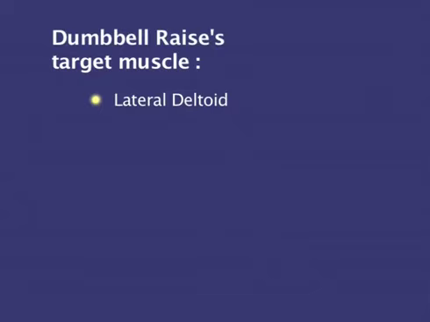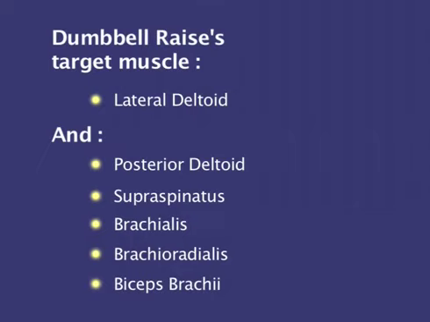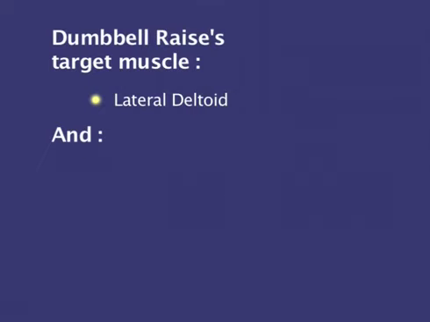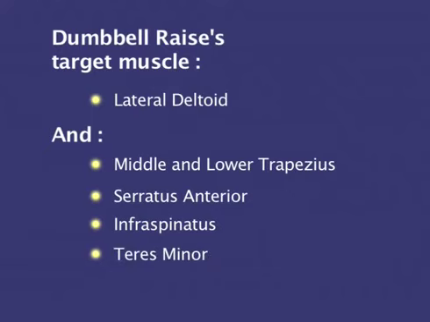Along with it, there are some more muscles which work synergistically: posterior deltoid, supraspinatus, brachialis, brachioradialis, biceps brachii, middle and lower trapezius, serratus anterior, especially inferior digitations, infraspinatus and teres minor. These are the muscles which act along with the deltoid for this dumbbell raise.